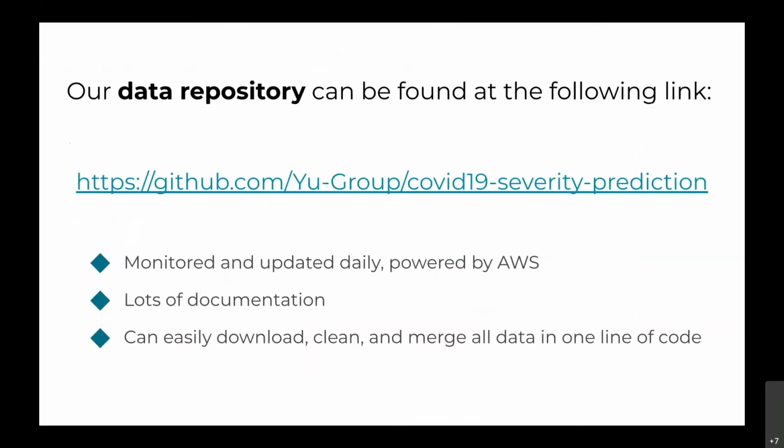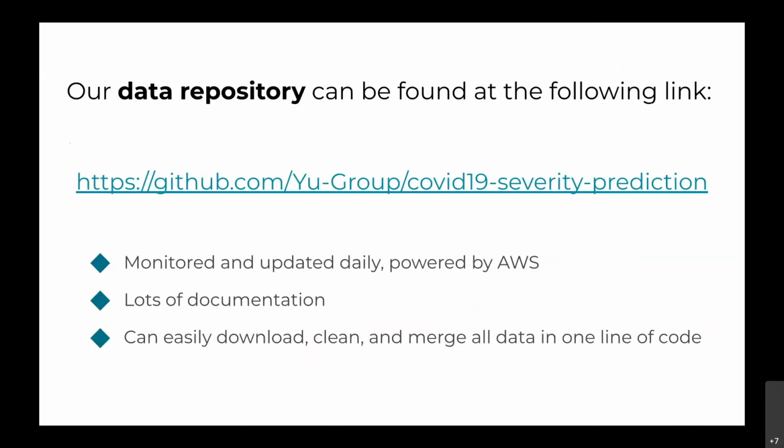So as a summary, our data repository can be found at this link. It's updated daily. We host it on AWS EC2, and we have a lot of documentation about each data set. We have notes about possible biases and the meaning of different columns.